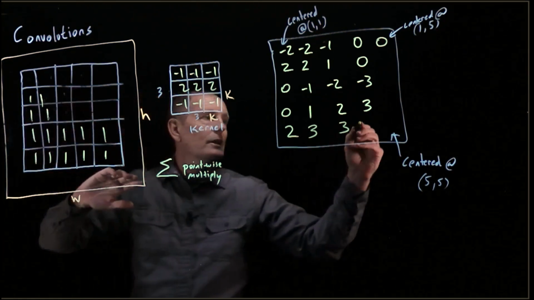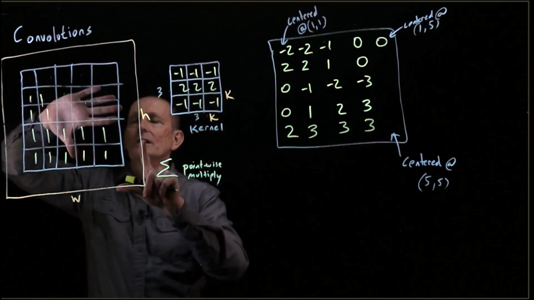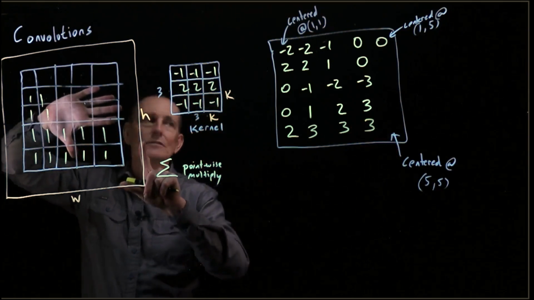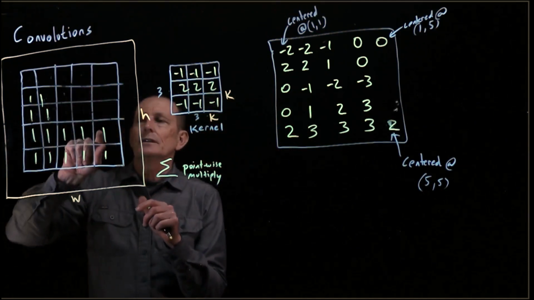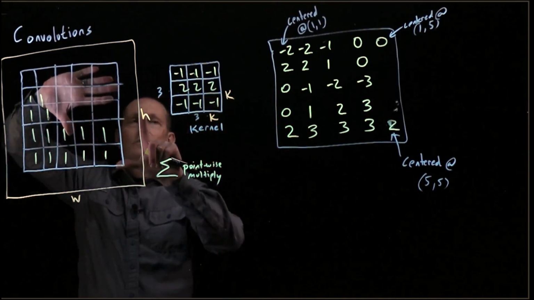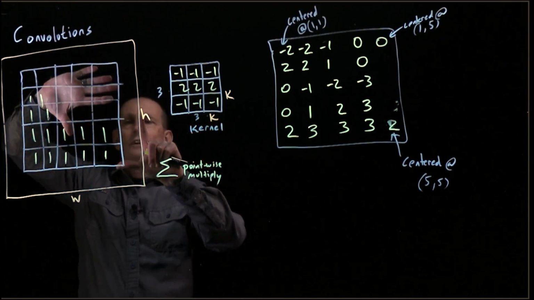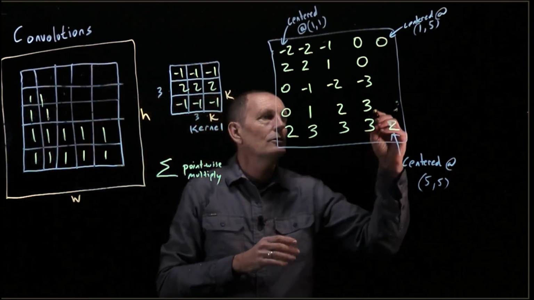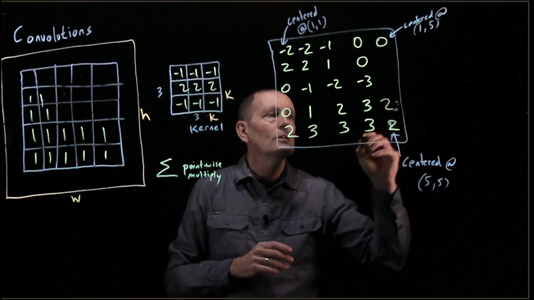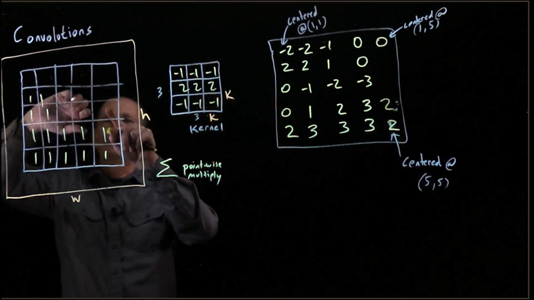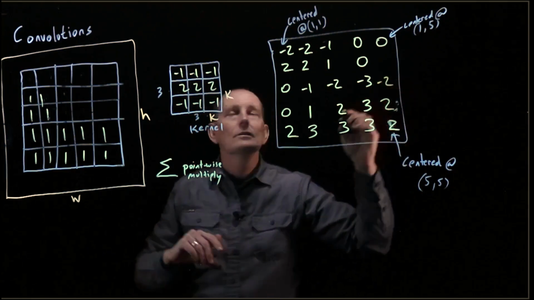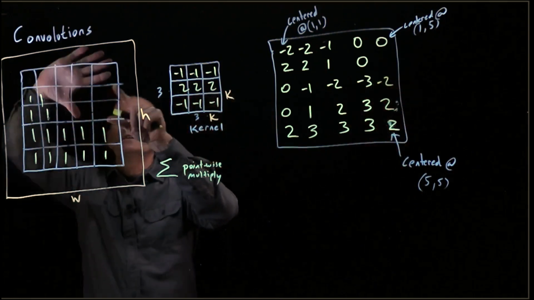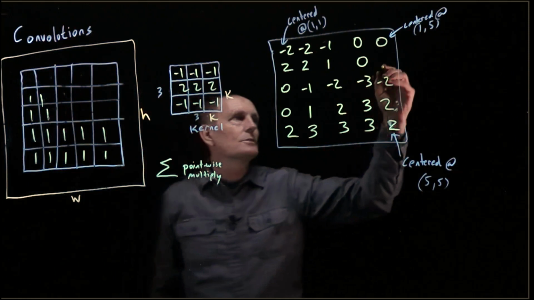Same thing, a 3. And as we move over now here, 2 -1s and 2 positive 2s, so that's a 2. Centered here, 4, 5. So we've got 2 2s and 2 -1s, so that's a 2. And now centered here, just 2 -1s, which is a -2. And then centered here, it's going to be zeros, and centered here is going to be zeros.